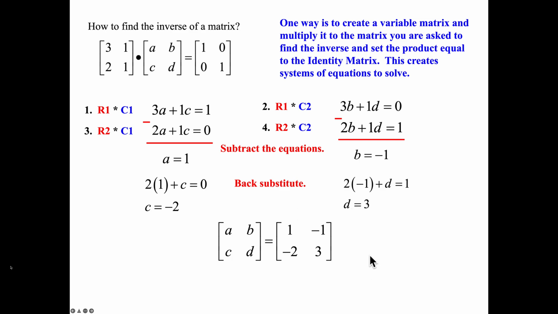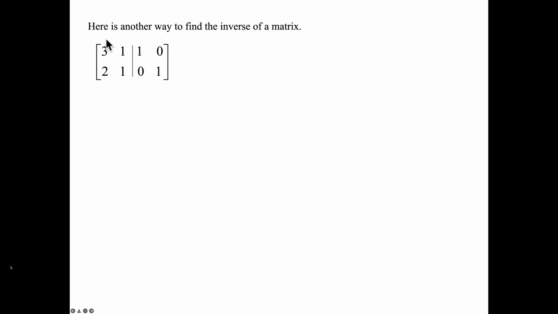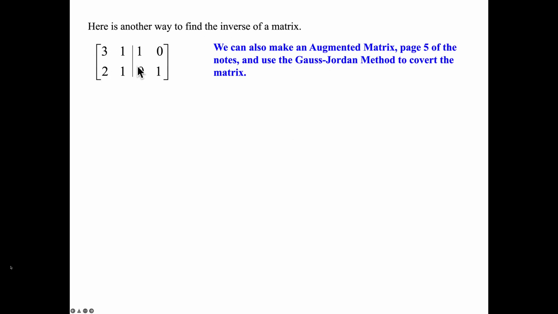Okay? So that's the multiplication method. That will be a valid technique that you can use on the test. The second one that you can use is the Gauss-Jordan elimination technique. So we build an augmented matrix.